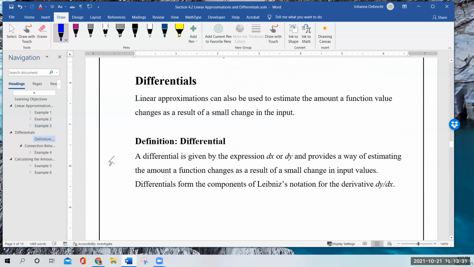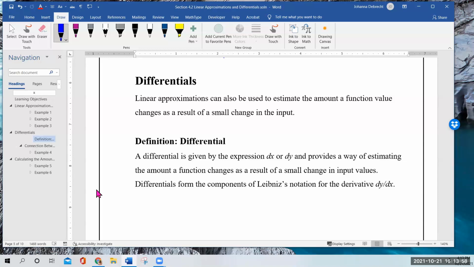Now we want to take a look at something called differentials, and we want to define what the differential actually is. This is the first time this semester that we've actually defined a differential, although we've been using differentials since we learned derivatives. The linear approximation function can be used to estimate a function value and how much it changes as a result of a small change in the input.